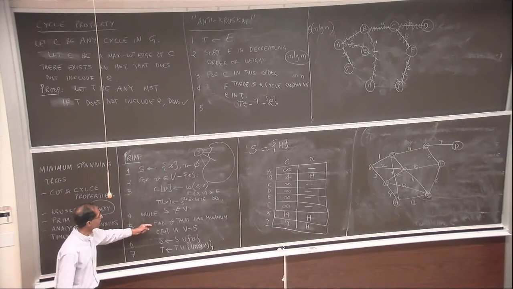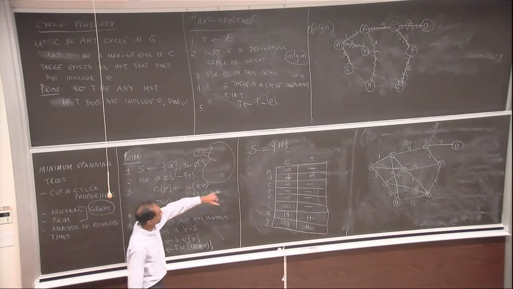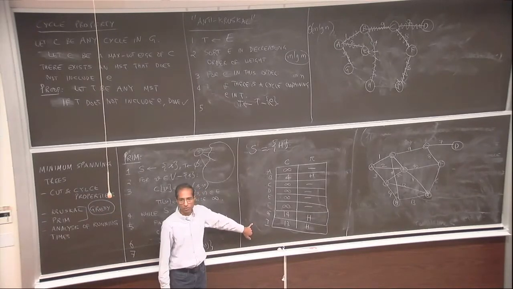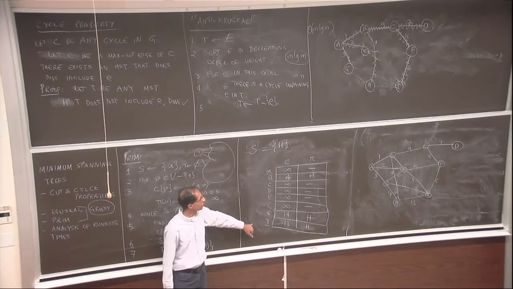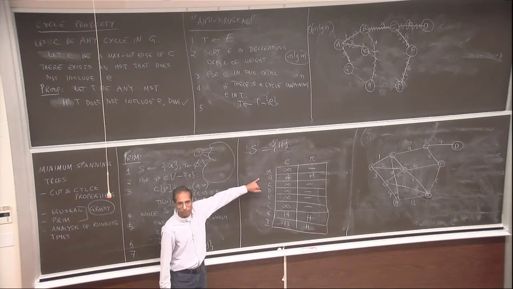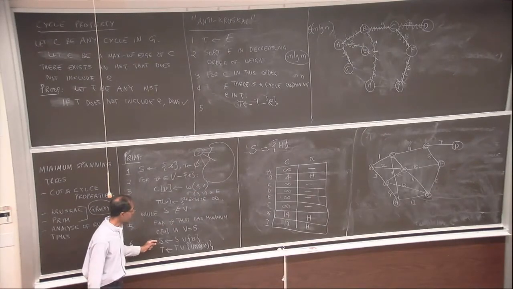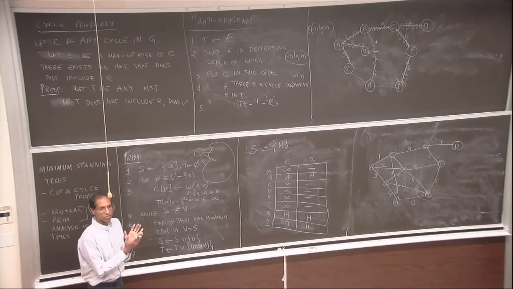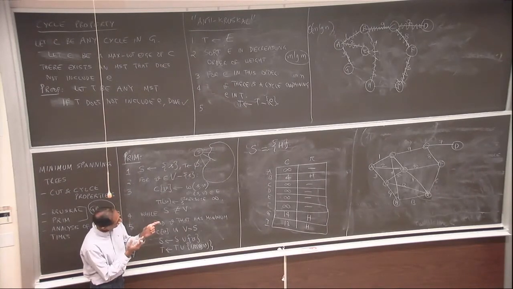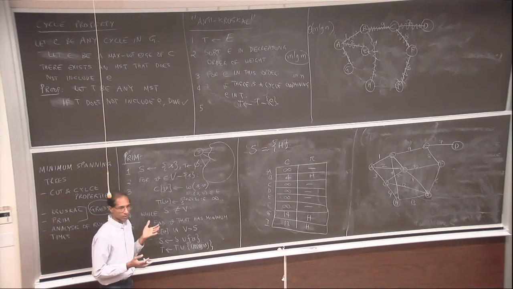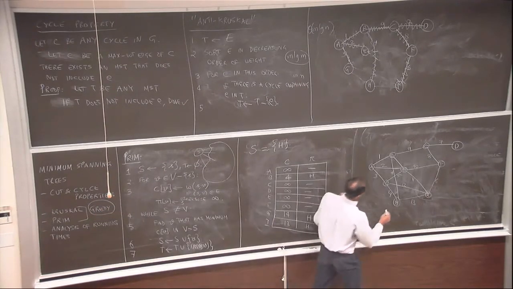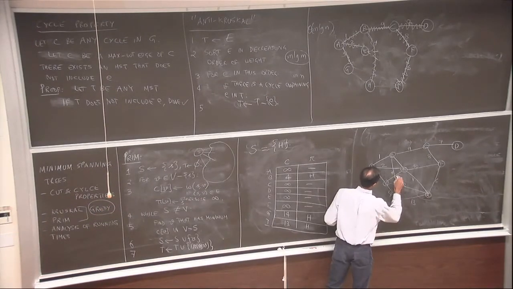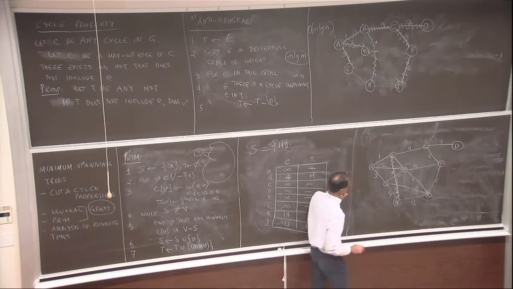Now we look at the vertex in this table that has the minimum value of C, which is B. So we will go ahead and include that vertex, move it to S, and add this edge from that vertex to its parent to our tree. So this edge gets added to the tree.